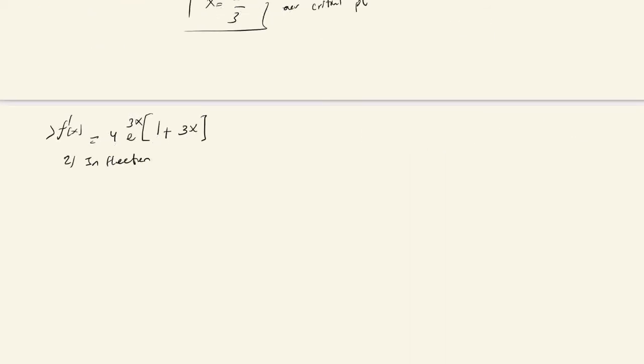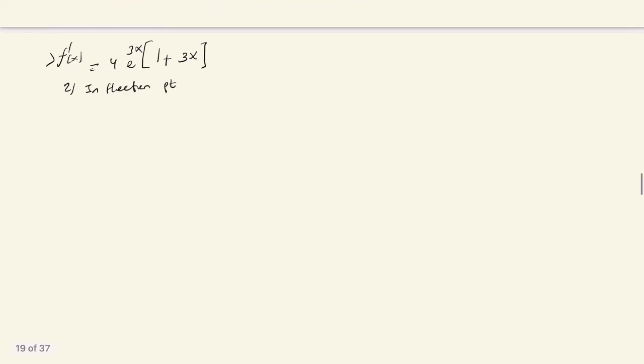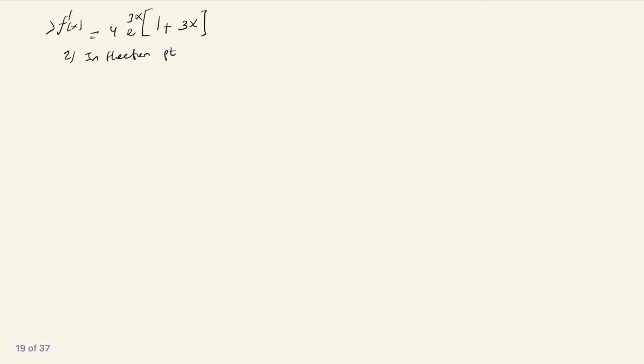Now we need to find the inflection point. So remember, this is the f prime of x. Again, an inflection point is where the second derivative is 0 or where it is undefined. Plus we need to do a test to make sure that the sign of the second derivative changes around our inflection points.